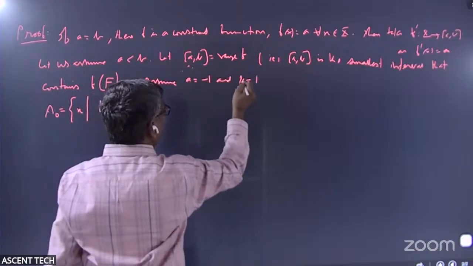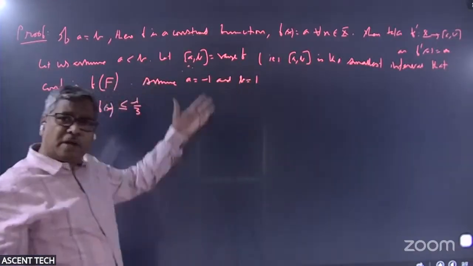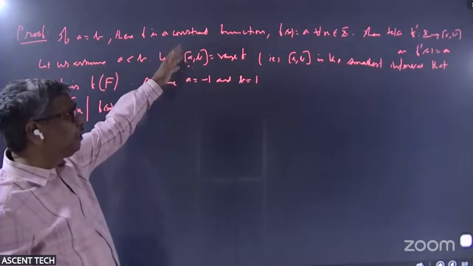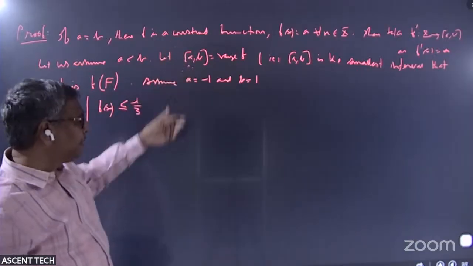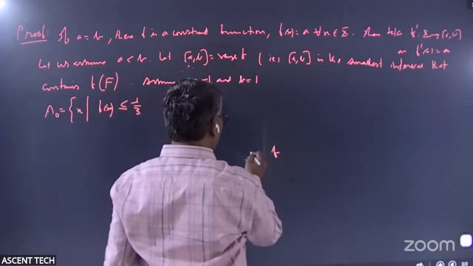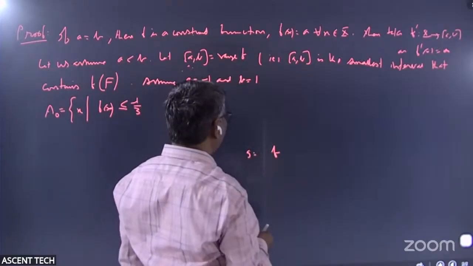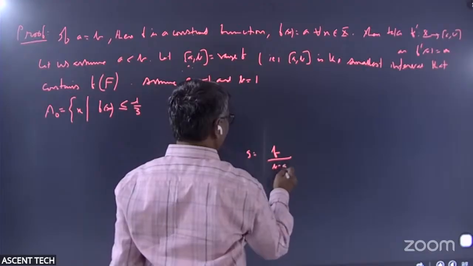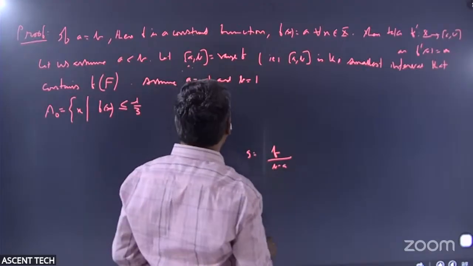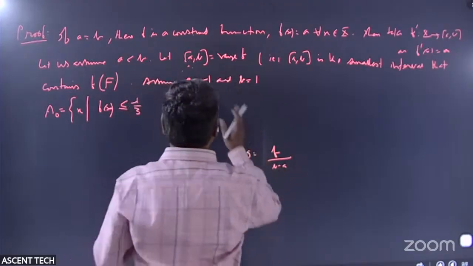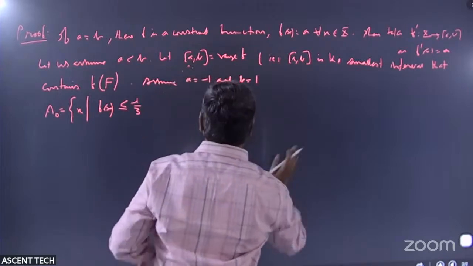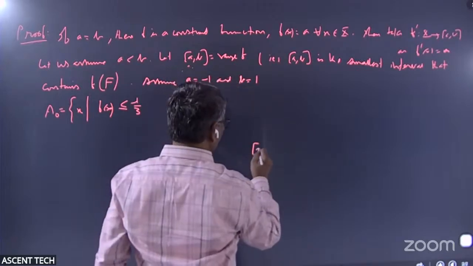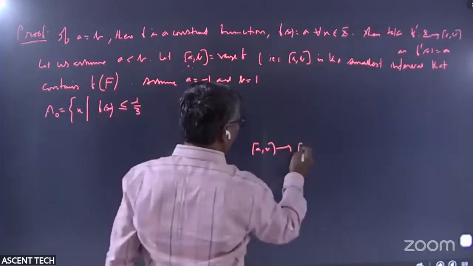You can always do that by changing the small f into something else: you compose with another function from [a, b] to [-1, 1].